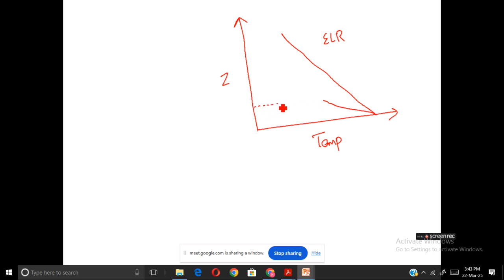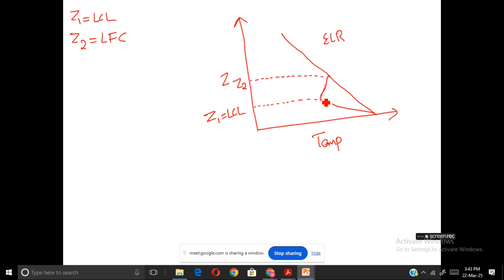So the first level, Z1, is the LCL, the lifting condensation level, then the second level, Z2, is the LFC, the level of free convection.